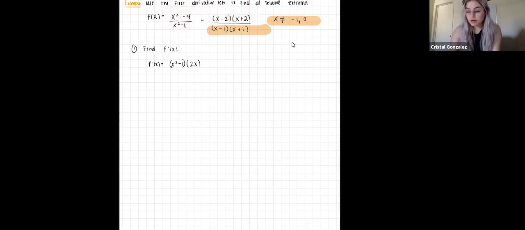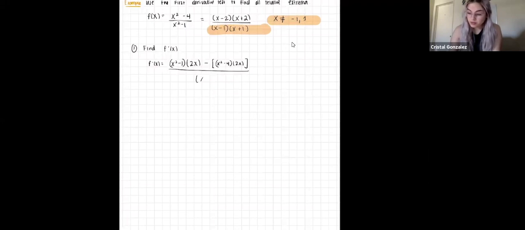If you're wondering how I'm going about this, minus the top times the derivative of the bottom, which is 2x, all over the bottom squared, so x squared minus 1, all squared. Perfect. Now I notice that I can factor out a 2x from the numerator, so I'll go ahead and do that as well.